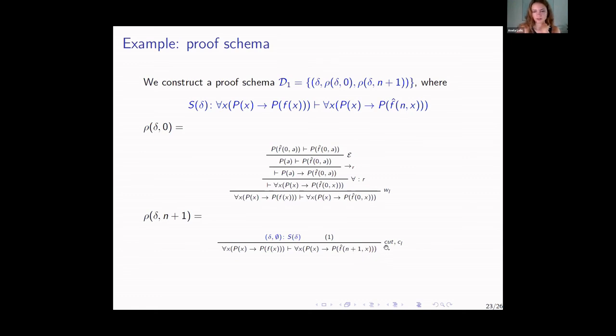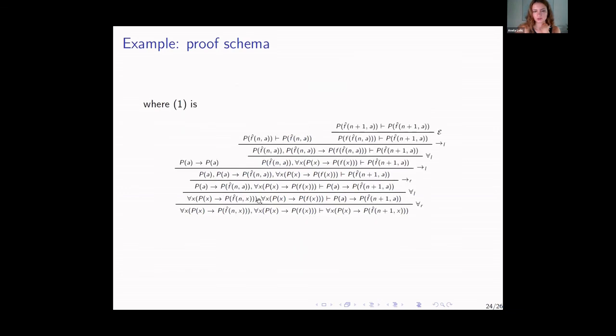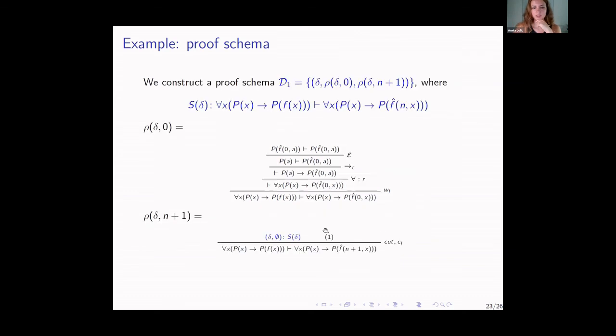And it uses here a cut on 1, which is this derivation. There's nothing special about it, it's just a simple derivation. And here it cuts with the end sequence from S delta with parameter n. So here I put precisely this end sequence, the derivation of this end sequence, where I have here, instead of n plus 1, just n. And this is our proof schema.